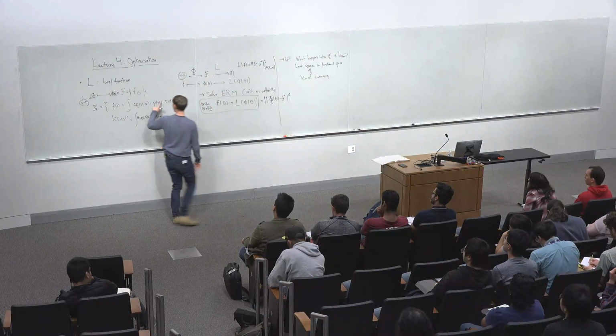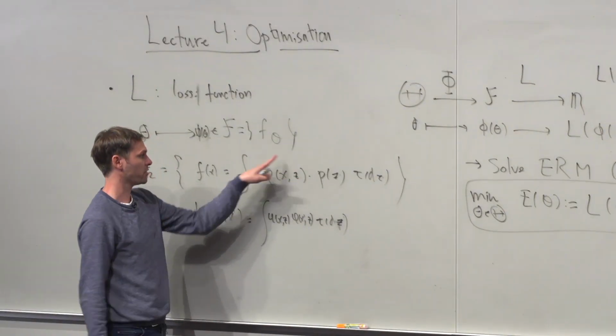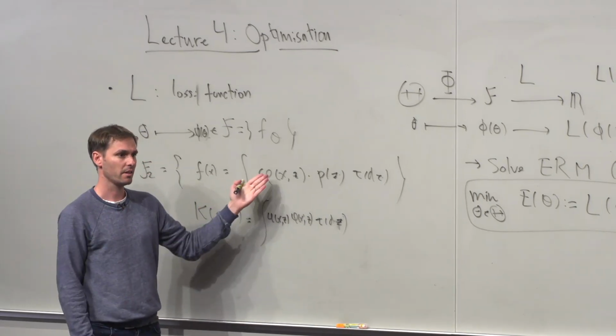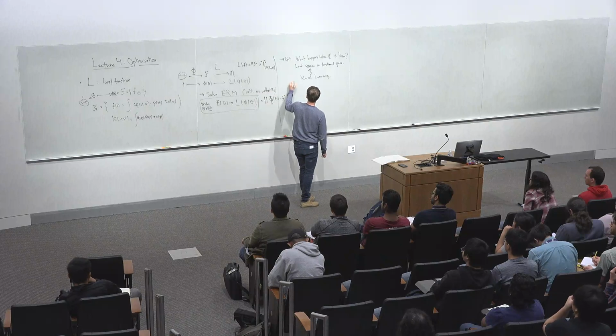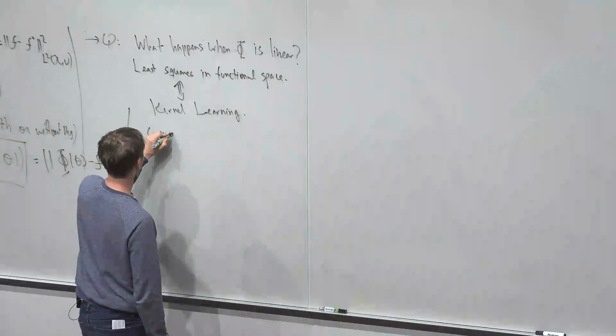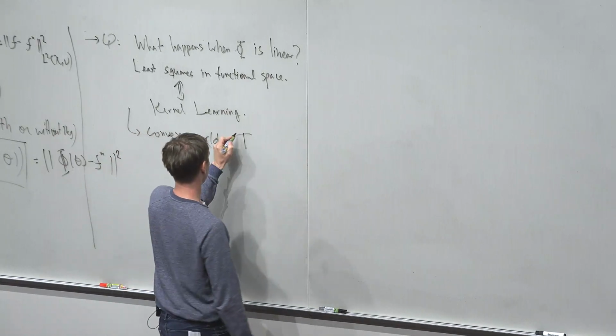So once I have a linear parameterization, the functions that I use as generators define a kernel. So we are here in the convex world. Things are okay.